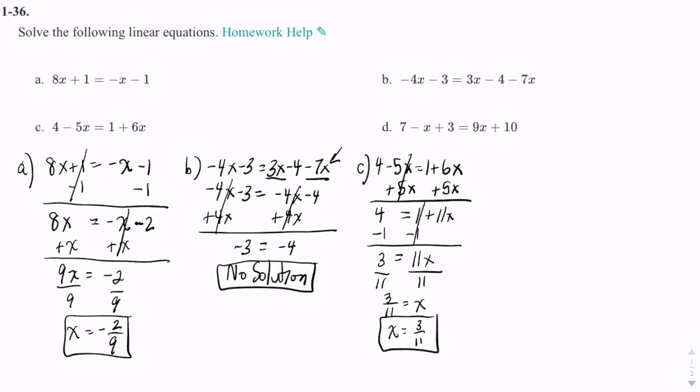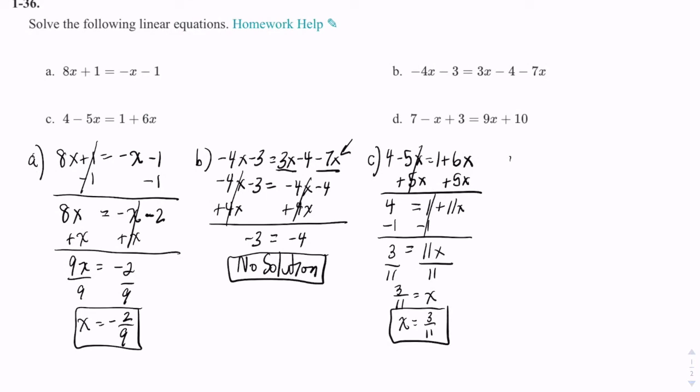Okay, and the last one, D, I have 7 minus x plus 3 equals 9x plus 10. I have like terms, 7 and 3. That's 10 minus x equals 9x plus 10. I'll add x to both sides, right?